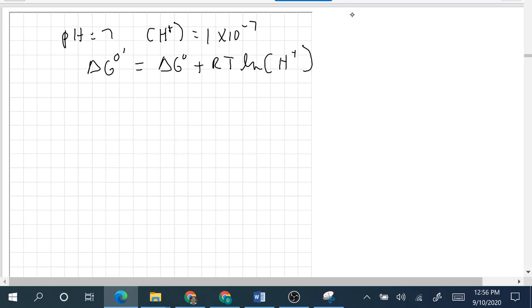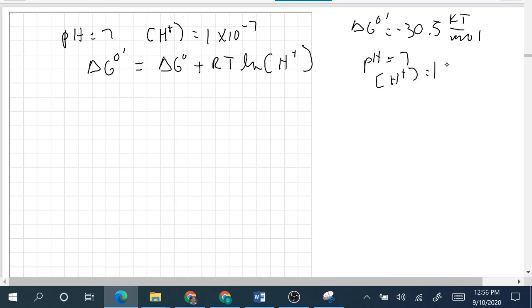And we were given a delta G naught prime equal to negative 30.5 kilojoules per mole. We're told pH is equal to 7, which means our H plus, I already wrote that down, is equal to 1 times 10 to the minus 7. And we were told T is equal to 298 Kelvin. And we know R.